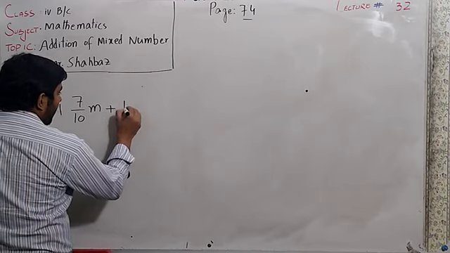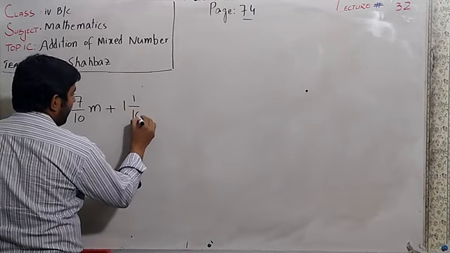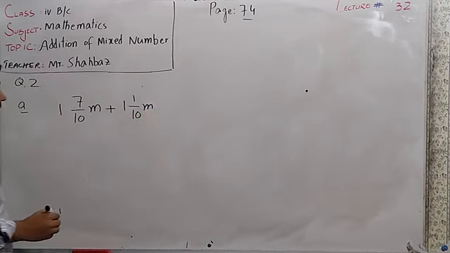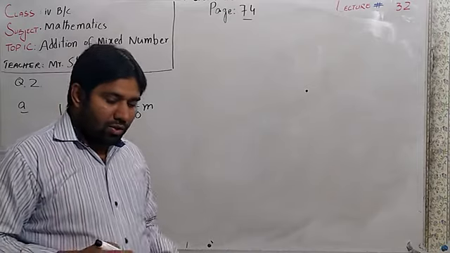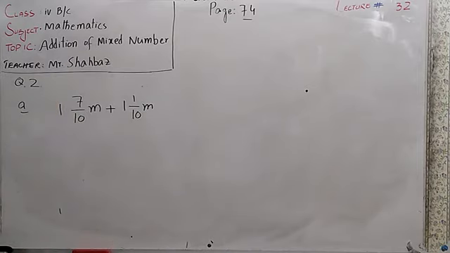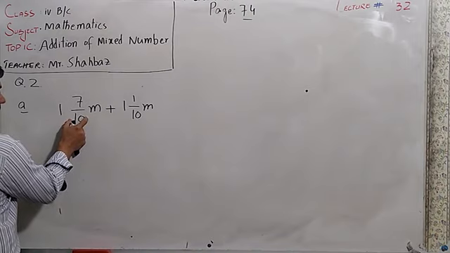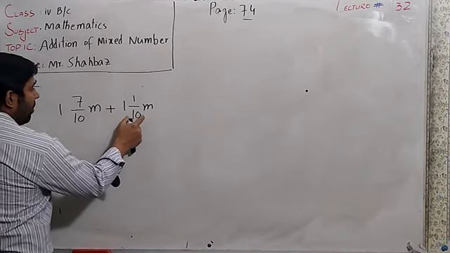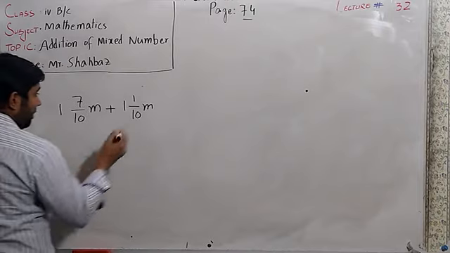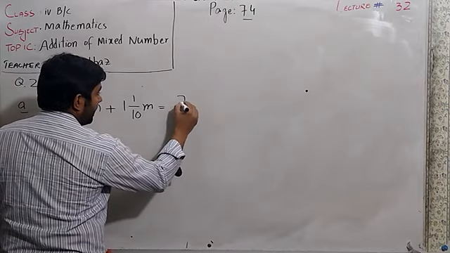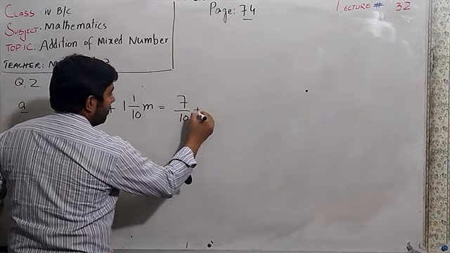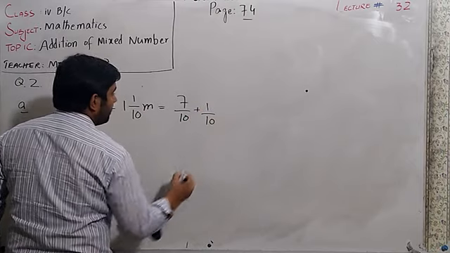In altogether we add. This is also the same kind of question as the previous one. First of all, you have to add the fractions 7 over 10 plus 1 over 10.